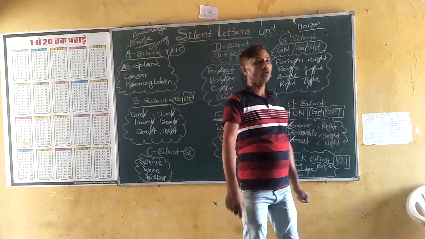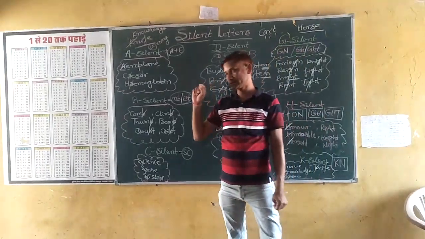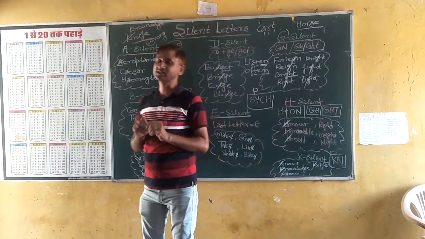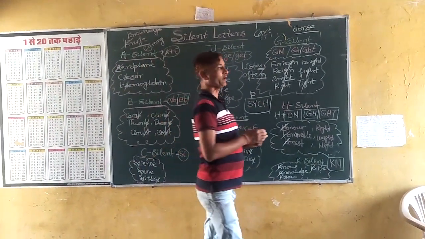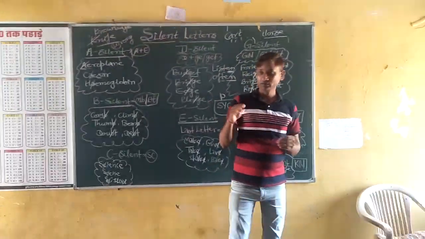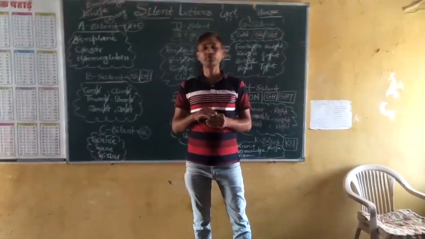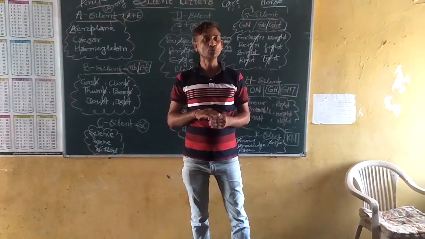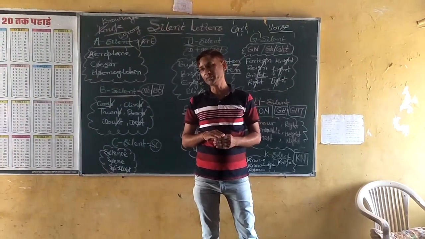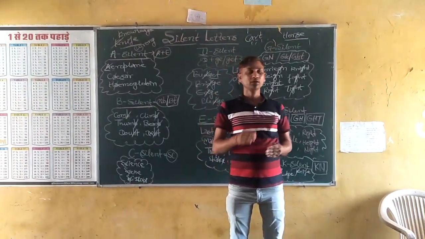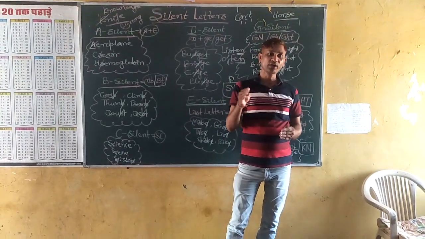Now we will know U silent, and that is very simple. When you find any vowel just after letter U, then letter U will be silent, as GUARD.